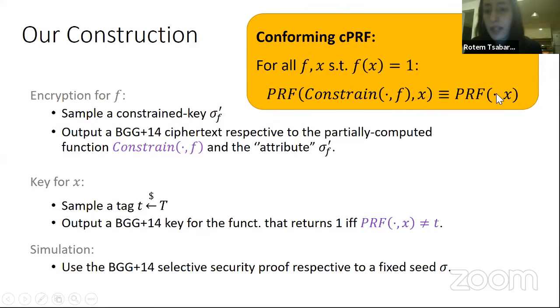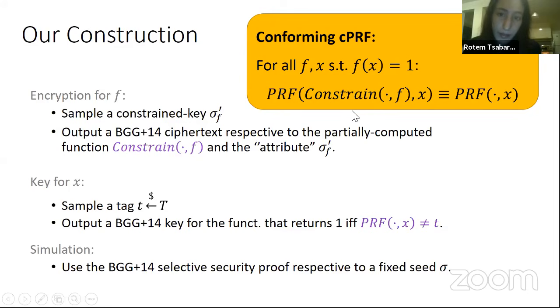The first algorithm takes a master seed and computes the PRF, and the second algorithm takes a master seed, first computes the constraint key for some F, and then uses this constraint seed to compute the PRF on some input X. By the correctness of the constraint PRF, the output of those algorithms should always be the same, but our requirement is stronger.